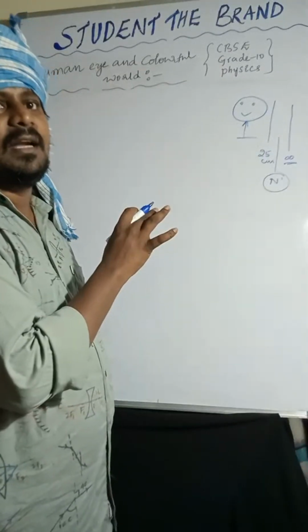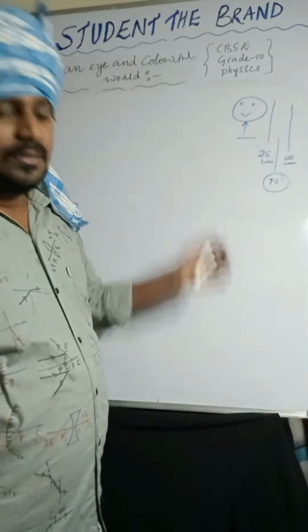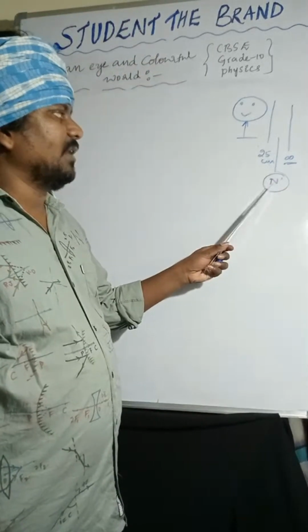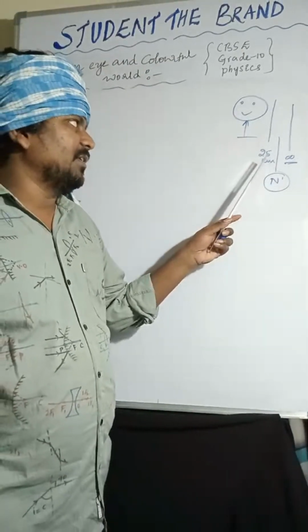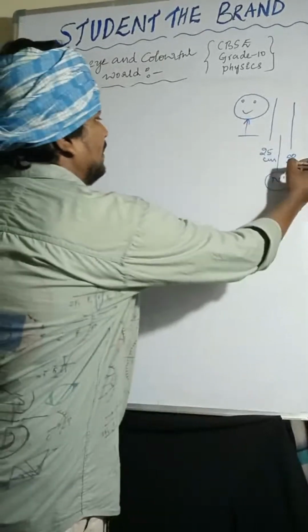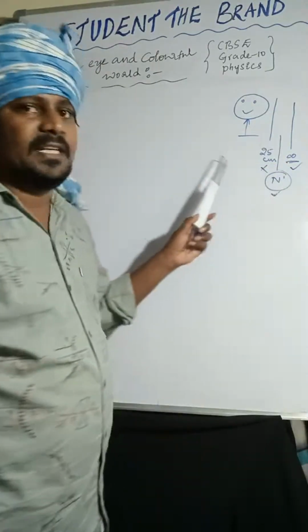So now we'll draw the diagram of how to correct it and what the defect is. Now you can observe. First, you have to draw this one, the near point of the hypermetropic eye. If the light rays are coming from the near point, because he can see infinity, he can see this point also, but he can't see 25 centimeter.